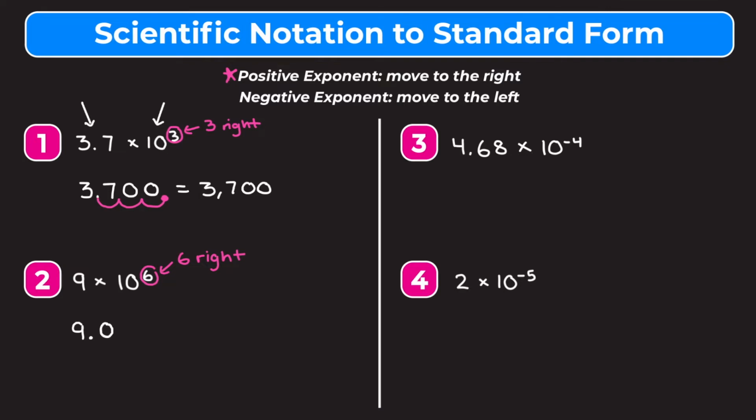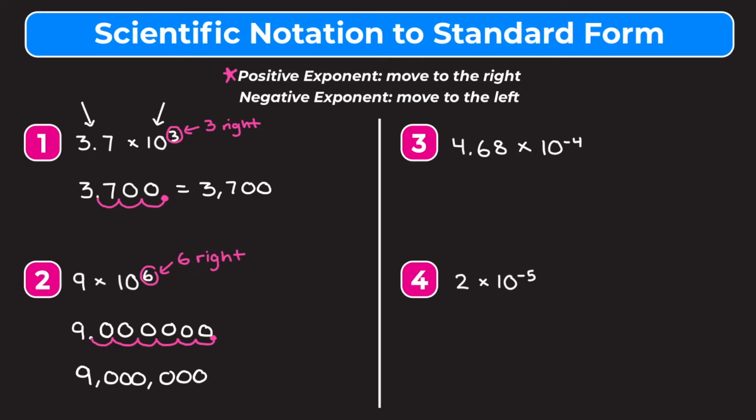Now I take my decimal point and move it 6 places to the right: 1, 2, 3, 4, 5, 6. I fill in the blank spots with zeros, and now I write my answer a little more neatly. So 9 times 10 to the sixth is the same as 9 million written in standard form.